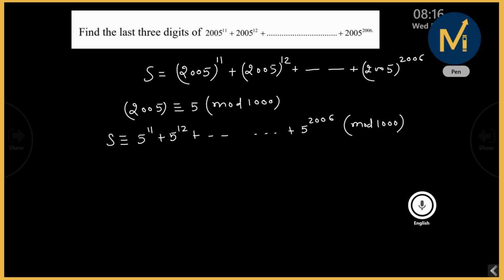We know that 5 raised to 4 is 625. Then 5 raised to 5, that means 5 into 625, is congruent to 125 modulo 1000.